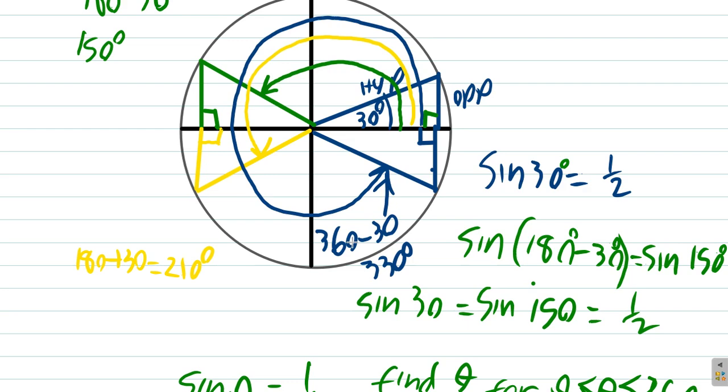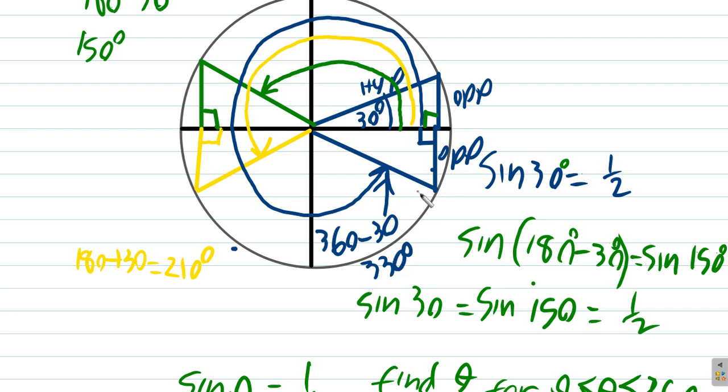Now, before we find the sine of 330 degrees, let's think about what it could possibly be. This opposite here is the same length as this opposite here, same length as this opposite, same length as this opposite. And the hypotenuse is the same. It's the same radius for the same circle. So you expect to get the same number, which is half. But is it going to be positive or negative? Let's see.